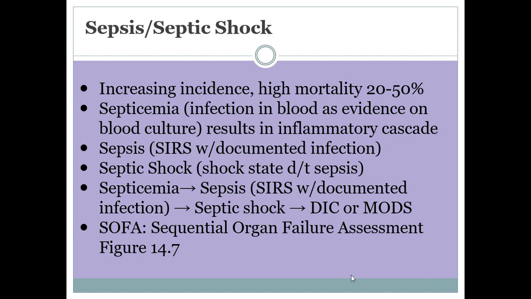You'll see SIRS a lot in physicians' documentation when you look at H&Ps and doctors' notes. So septic shock develops, and then further complications can develop, such as disseminated intravascular coagulation, or DIC, or even multi-organ dysfunction syndrome, which is MODS.